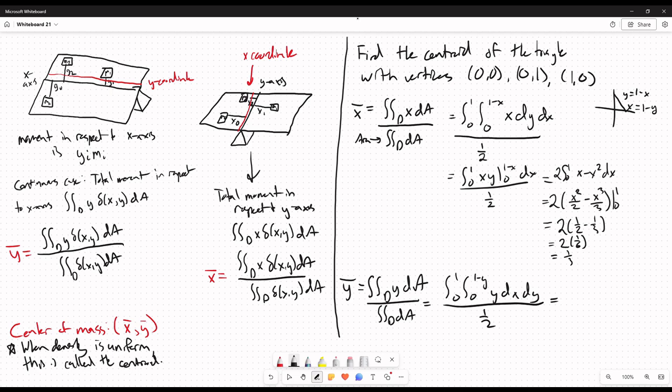So that's also going to give us a value of 1/3. So the centroid would equal (1/3, 1/3). And there you go. We found the centroid of this region by doing a couple integrals. And yeah, that was that problem.